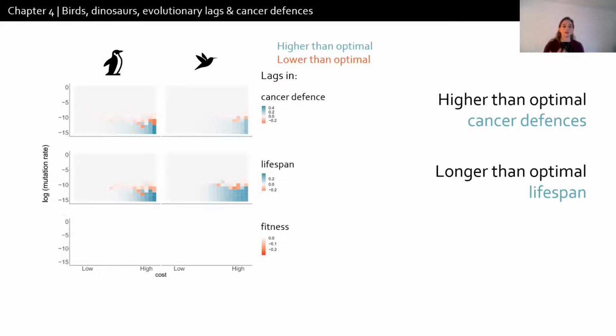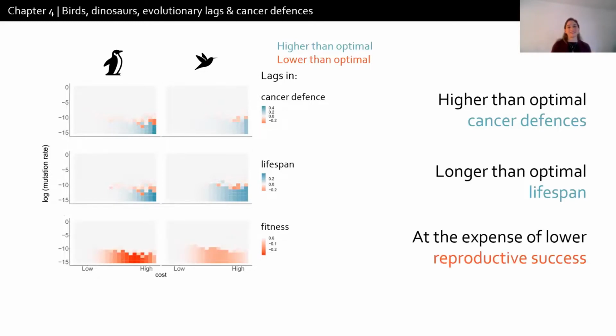So these all sound very good: higher than optimal cancer defenses, not getting a lot of cancer, and having a longer lifespan. So what is the catch? The thing is, when we look at the fitness that these lineages could achieve below this mutational boundary, if they kept the dinosaurian cancer defenses, which might be costly, then they had lower reproductive success. So these long lifespan and higher cancer defenses came at the expense of reproductive success.